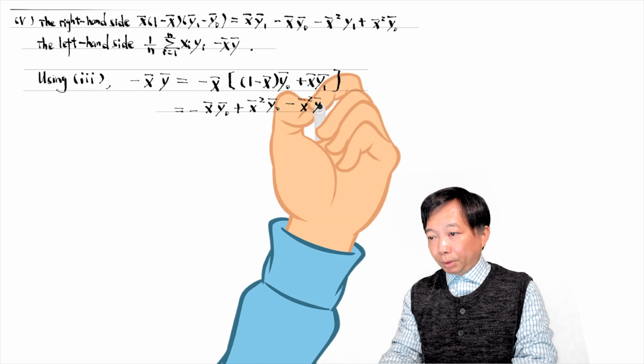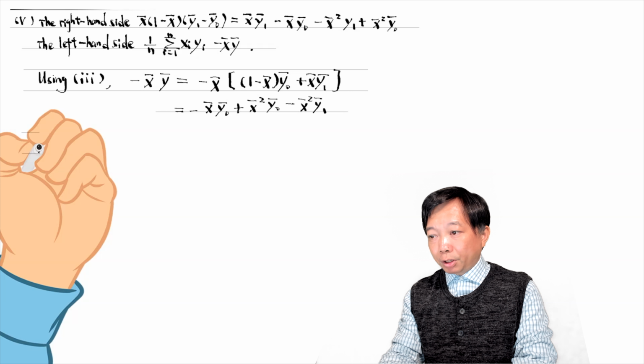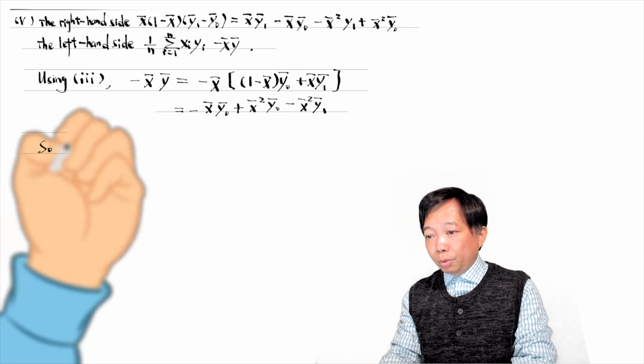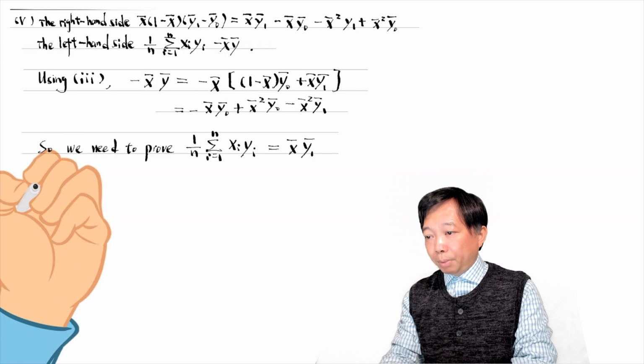Using the result from the third question, I substitute y bar with the weighted average, and the result has 3 terms. I compare them with the 4 terms on the right-hand side and find they are the same. So we just need to show a simple equation.